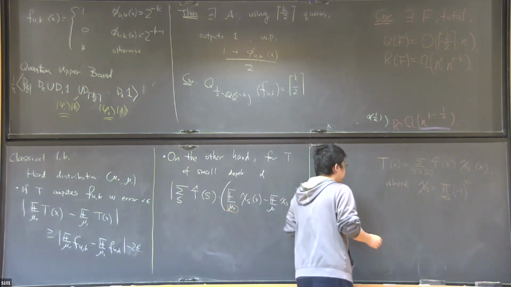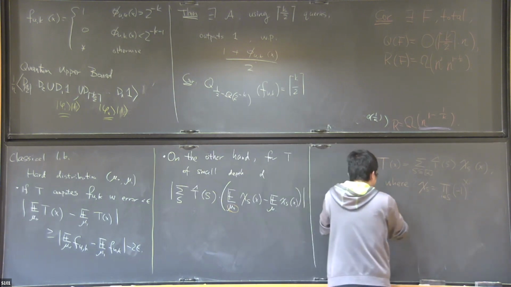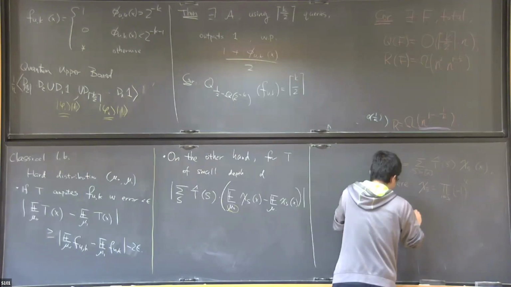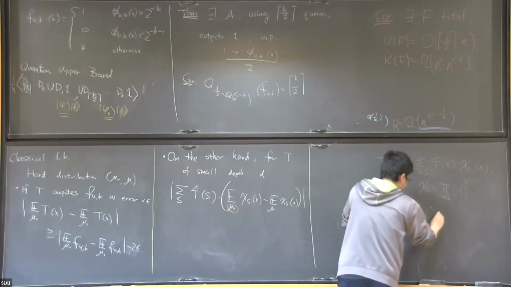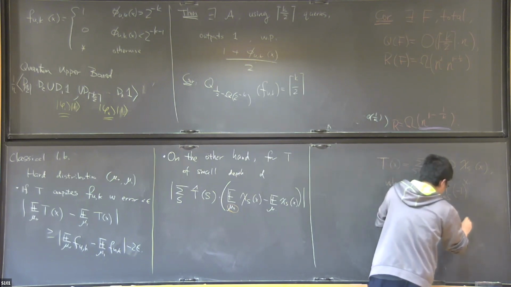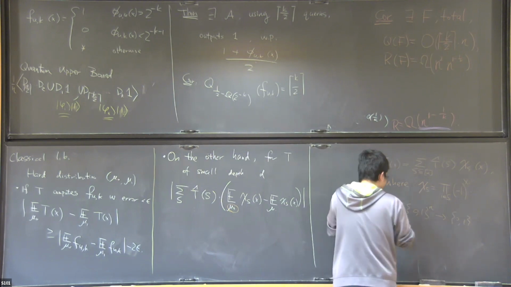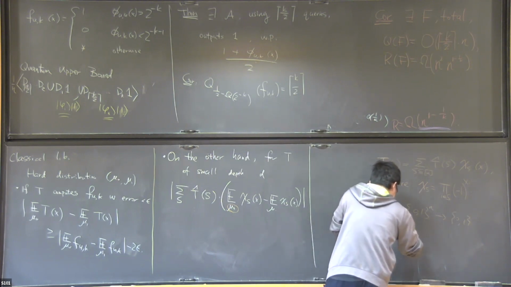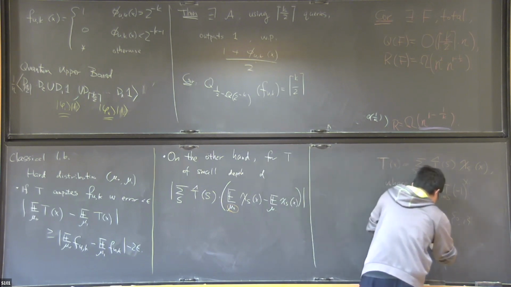I guess maybe I also want to mention that if your function is of bounded range, so let's say T is 0 or 1 as its output, then the sum of Fourier coefficients squared is at most 1.